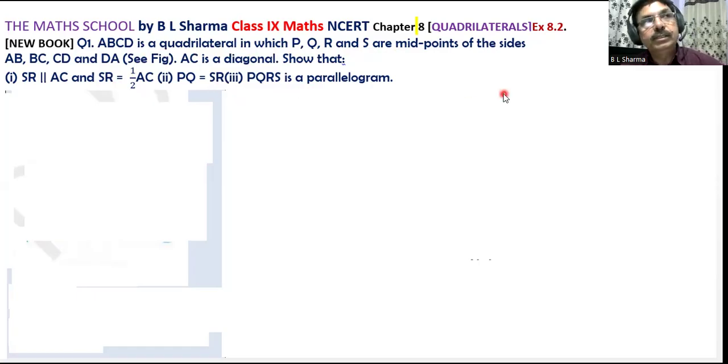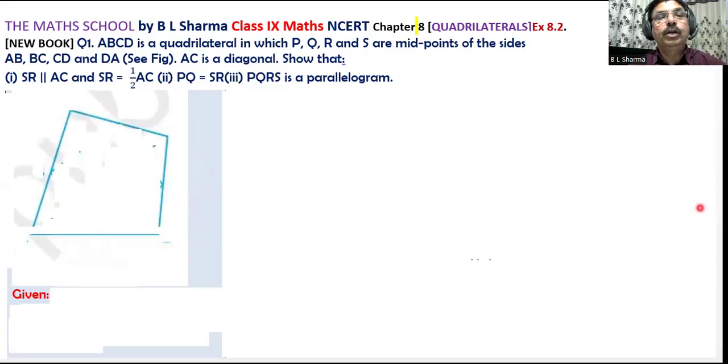Sometimes in the question a diagram is given, sometimes a diagram is not given, so we have to draw the diagram ourselves. That is why we have to visualize this question first. What is given?